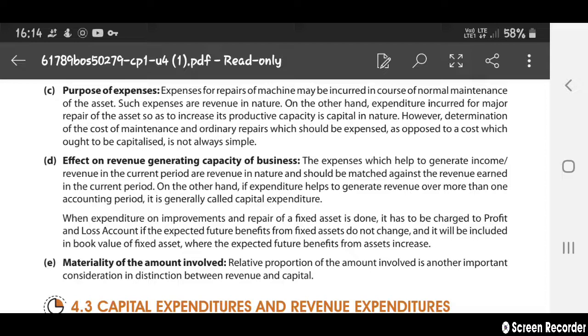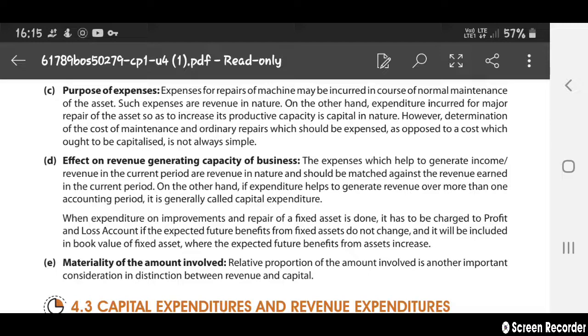On the other hand, expenditure incurred for major repair of an asset so as to increase its productive capacity is capital in nature, so that you can get more revenue. If you do normal maintenance, it is called revenue.